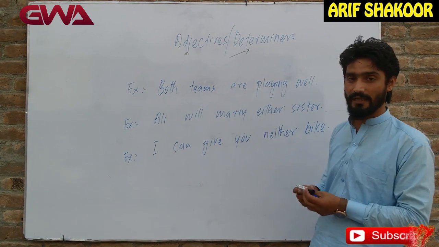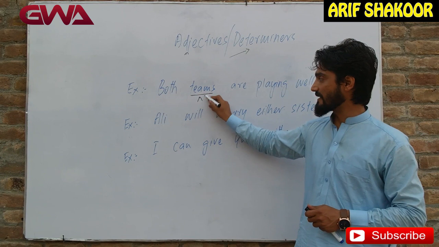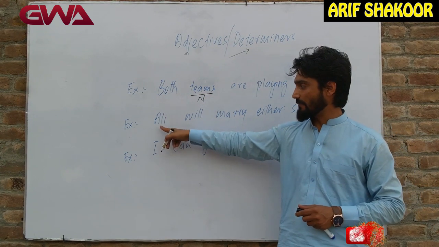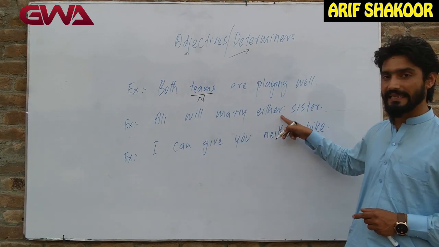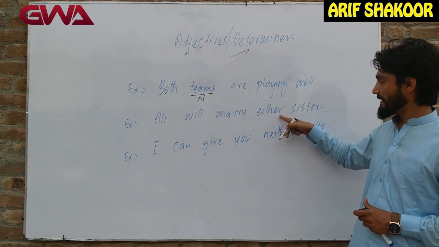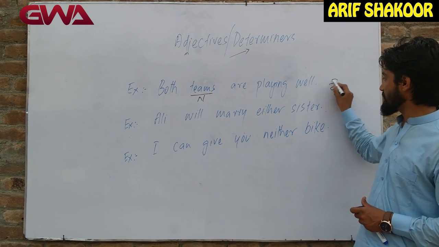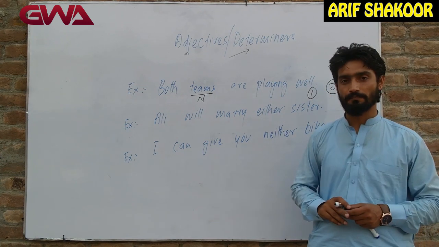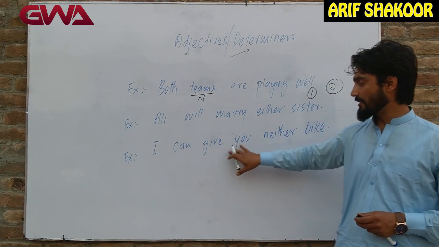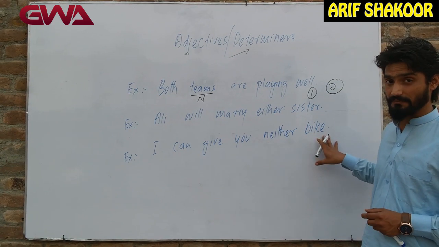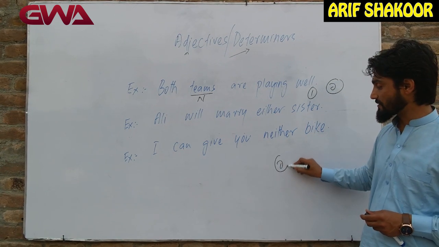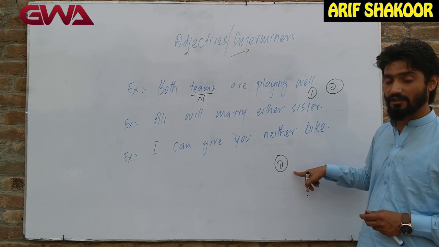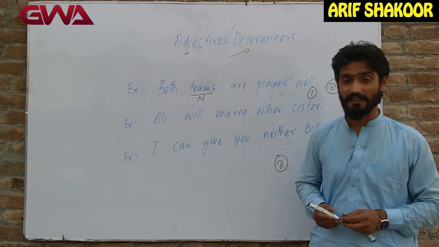Both teams are playing well. Teams is a noun. Another example, Ali will marry either sister. Either sister means there are two sisters and Ali will marry one of them. I can give you neither bike. It means I have two bikes and I cannot give you either of them.